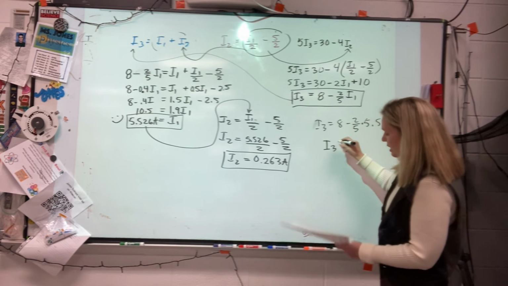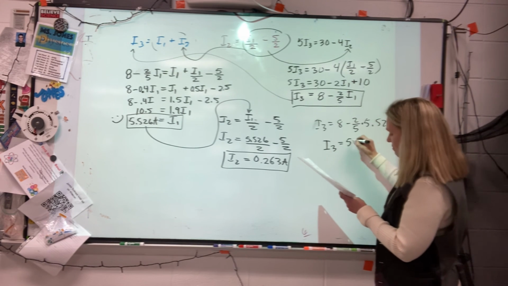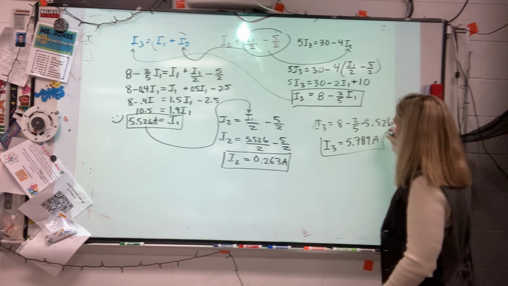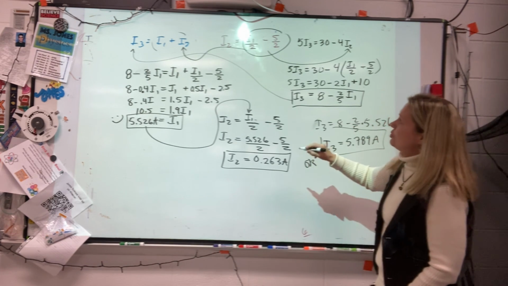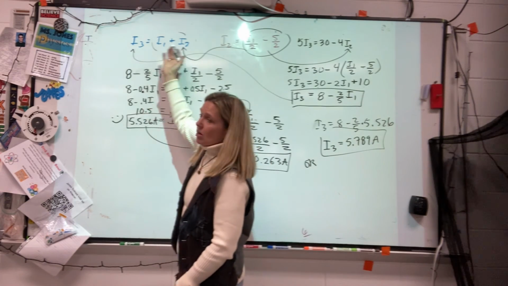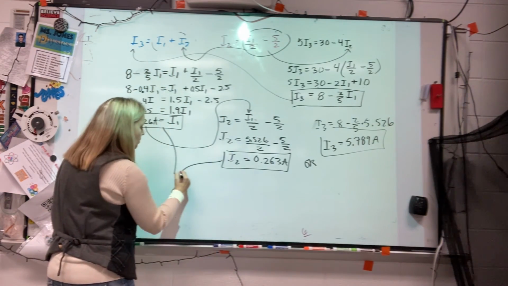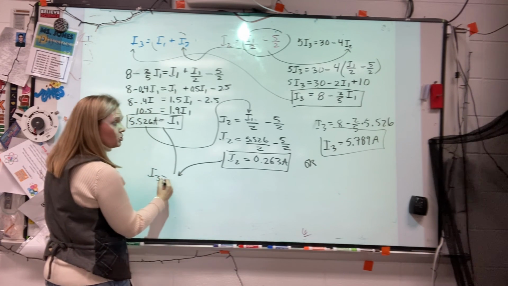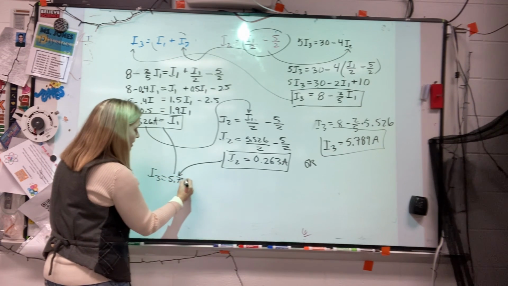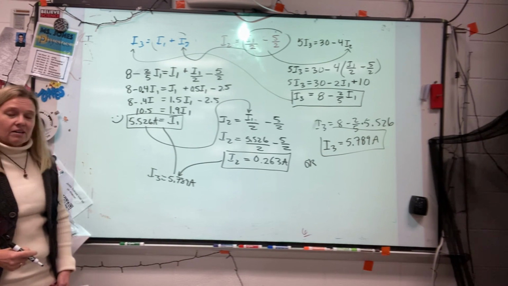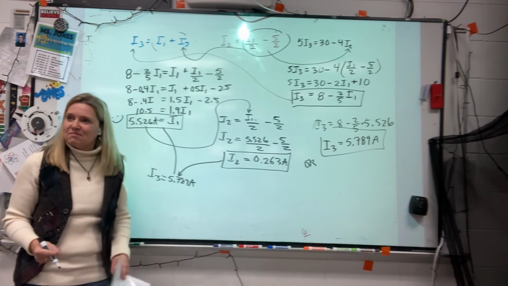And you know what you're going to get? 5.789 amps. Or you can say I3 is I1 plus I2. And guess what you get? 5.789 amps.